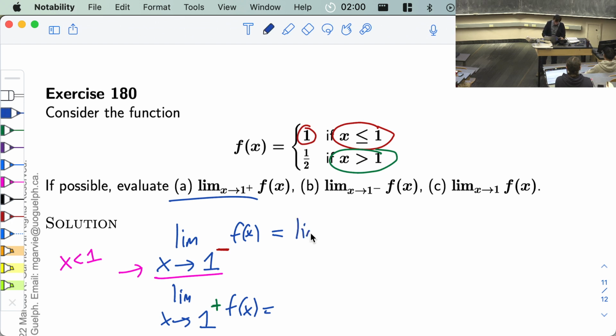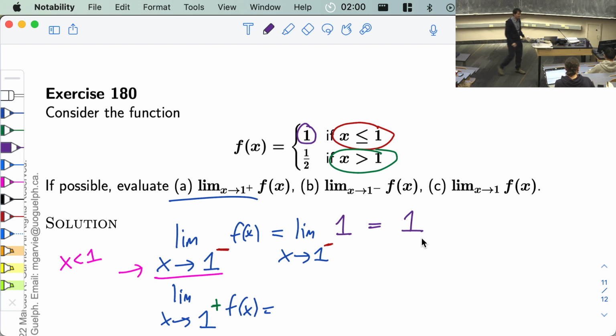It's the limit as x goes to 1 minus of the value that is always 1. Let's do it in purple. So this 1 over here is what I'm talking about. The function is always 1 if x is less than 1. So what is the limit? Well, it's the limit of 1. OK, so that's 1.